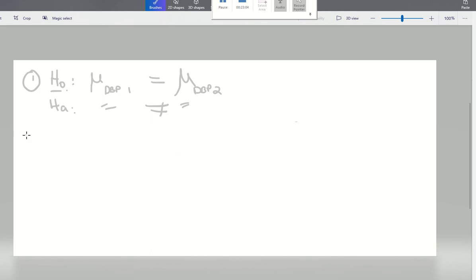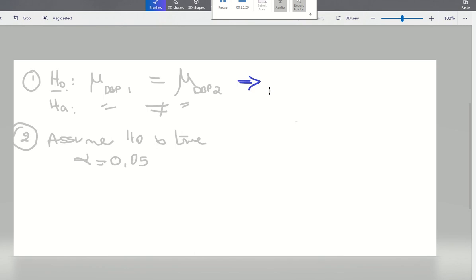The second step is where we assume that the null is true. Okay, we're assuming the null is true. And we're going to set alpha at 0.05. Now excuse me because I forgot to write this in the paired t-test setup.